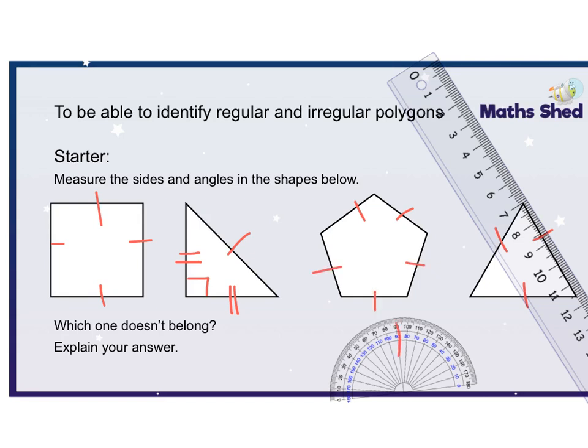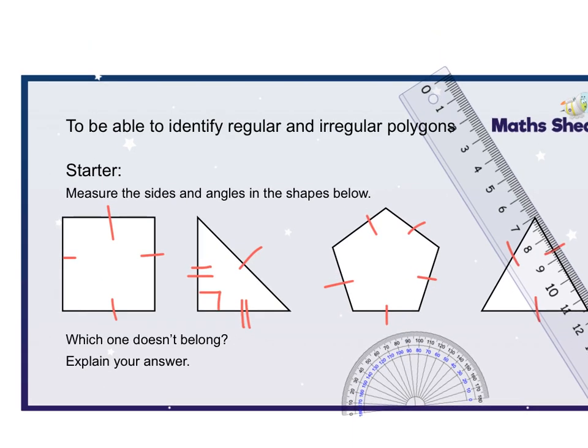If I measured the angles, I'm not going to do that in this video, but if I measured the angles with my protractor, I know, because I looked at this question already, that all these angles are the same. A square has 4 right angles, this has 1 right angle, and those 2 angles are going to be different. All of these angles are going to be the same as they are on the equilateral triangle.